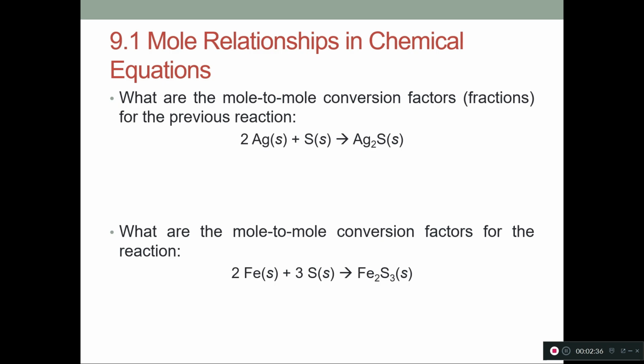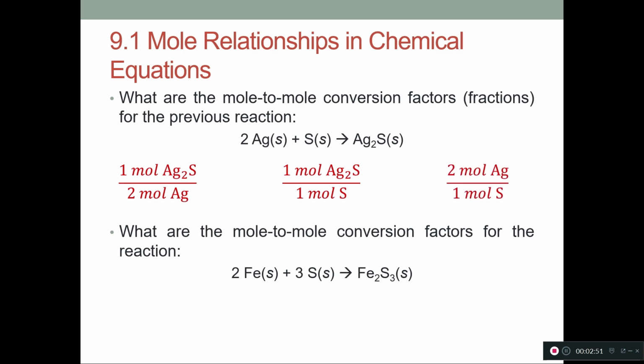And so we want to know what the mole-to-mole conversion factors are. We can look at a couple reactions here. So we already saw with our silver and sulfur that we have 1 mole of the silver sulfide to 2 moles of silver, 1 mole of silver sulfide to 1 mole of sulfur, and 2 moles of silver to 1 mole of sulfur. But we can do this for any reaction. So for instance, we have this iron plus sulfur becoming iron 3 sulfide.